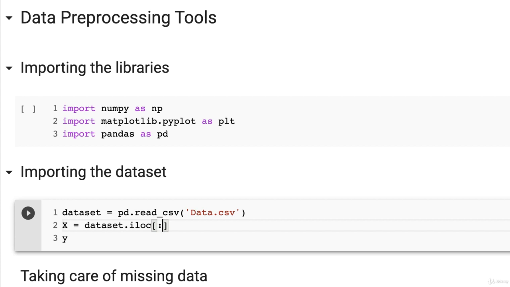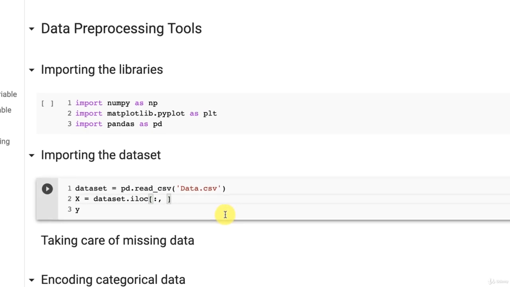Then, now we have to specify which columns we want to select with the indexes, and to separate the rows that we just took from the columns, we need here to add a comma. And now we can take care of the columns. Alright, so now I'm going to show you a trick in order to take all the columns except the last one.